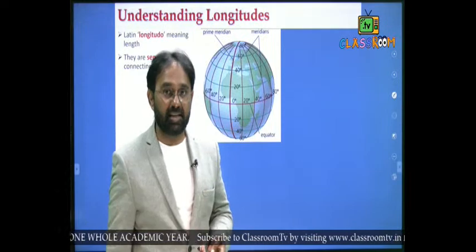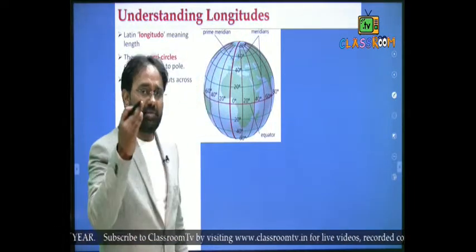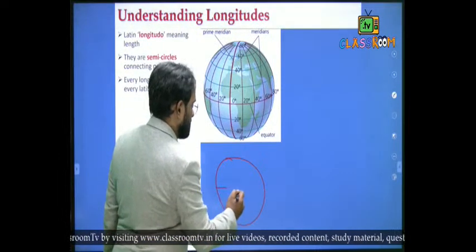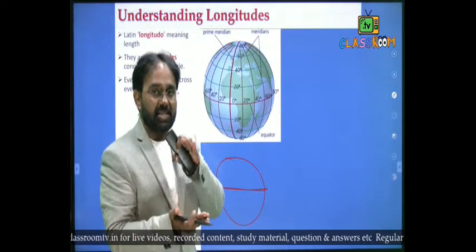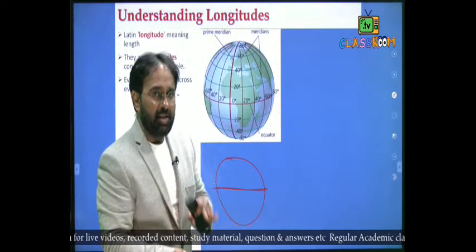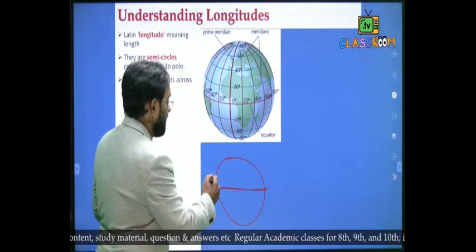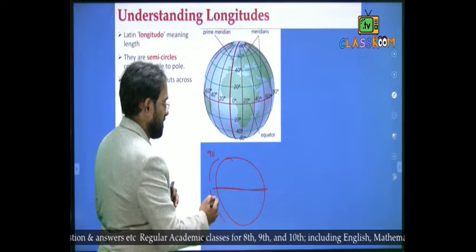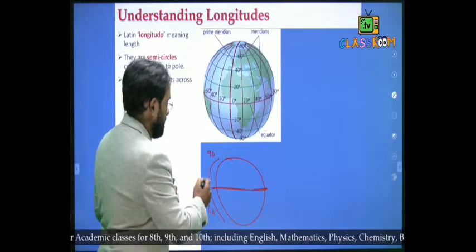We will also see once again what these longitudes are. As we have discussed previously, the latitudes divide the earth into two hemispheres, the northern hemisphere and the southern hemisphere. How many latitudes are there totally? You will find 90 latitudes on the northern hemisphere, 90 latitudes on the southern hemisphere, and one single latitude is called the equator.